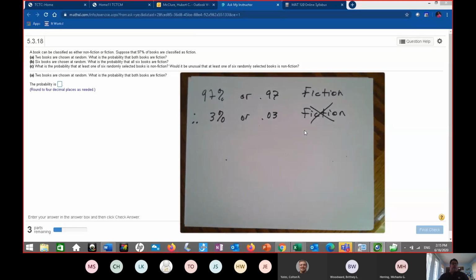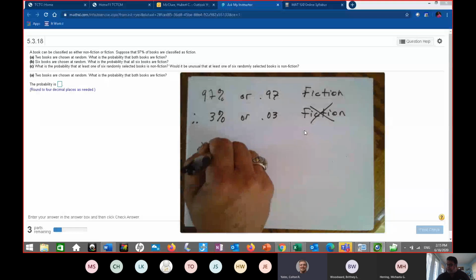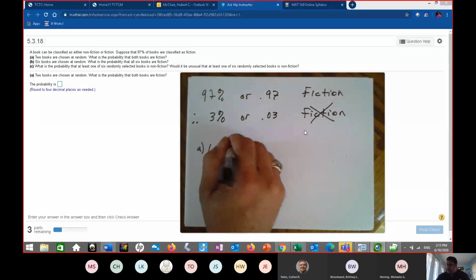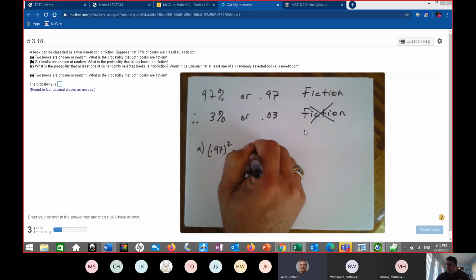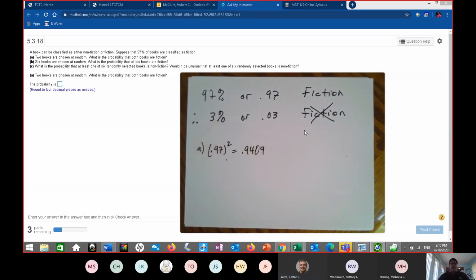It's got to be 4 decimal places because you're not going to use a fraction. So somebody take 0.97 and raise it to the second power. 0.9409. So you've got a 94% chance of picking 2 fiction books.